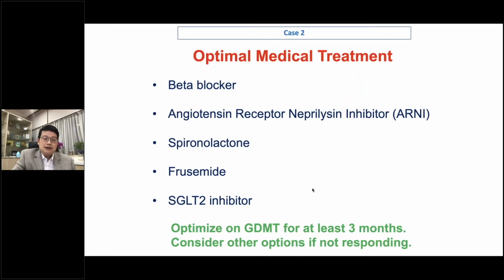So he was optimized on this, and he was monitored. And at every 3-month interval, more frequently initially, but at every visit, he showed improvement in terms of a reduction in his NT-proBNP and his symptoms. And so he was maintained on medical treatment.